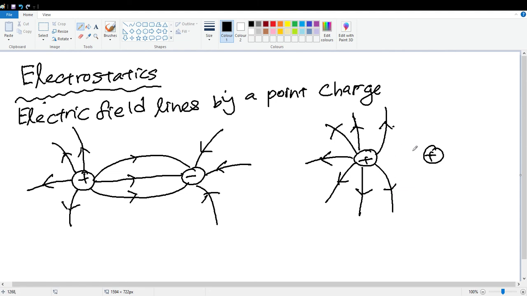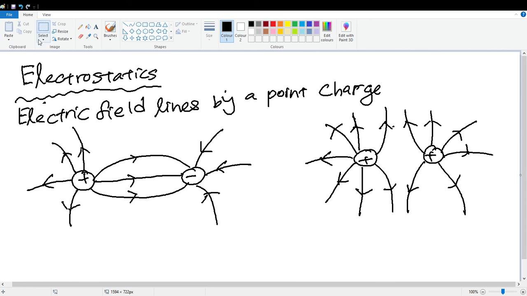The electric field lines are represented in this form, pointing outwards. We can observe that the two sets of electric field lines are not interacting. So this is the direction of the electric field lines for both similar charges and different charges.